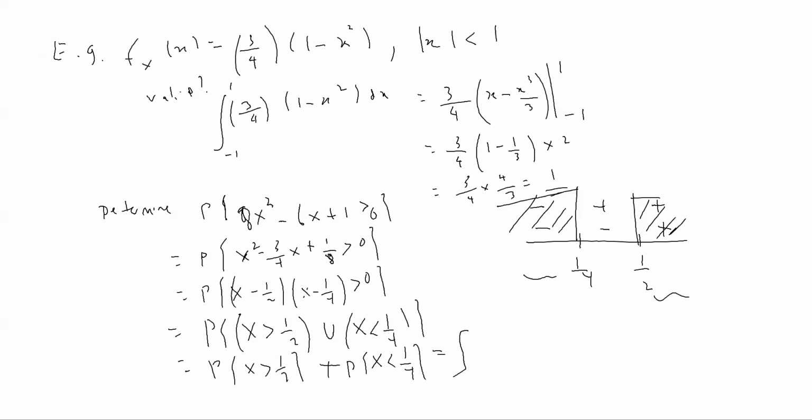So for x larger than half, what are the limits that we are going to use? It goes from where to where? Half to where? Should we put to infinity?